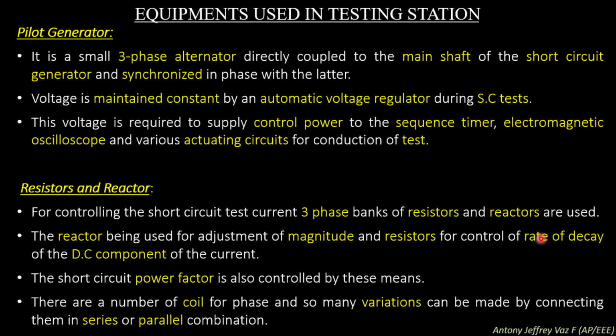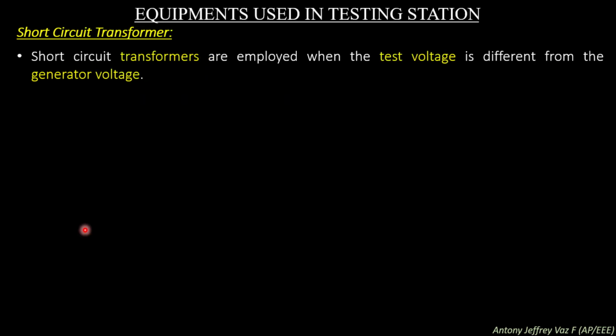So, we can see the rate of decay of the DC component is adjusted by the resistor, and the magnitude of the component is adjusted by the reactor.